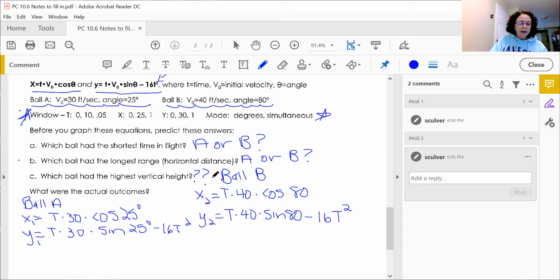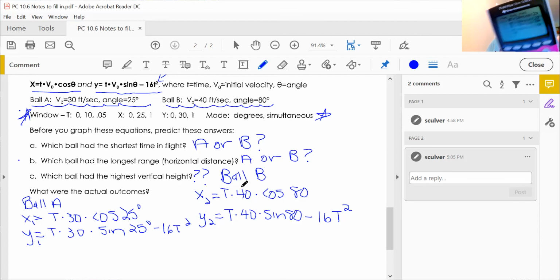I'm going to keep going. I'm now to my X2. I'm going to put in T times 40 times cosine of 80. And then on my Y2, I'm going to put T times 40 times sine of 80 minus 16t squared. So it looks like quite a bit in your calculator that we have here. Okay, lots going on there, right?